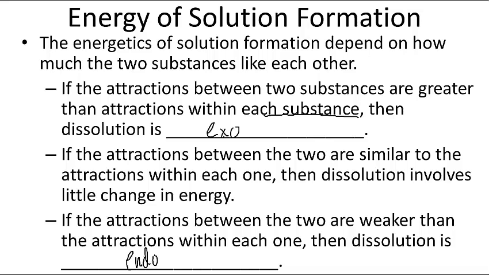Now, there was a question over here. The question was, if they are endothermic, why are they occurring? Because if the attraction between the two substances are weaker than what they had originally, why would they actually occur? This gets into chapter 16, which is thermodynamics, and this idea of entropy.